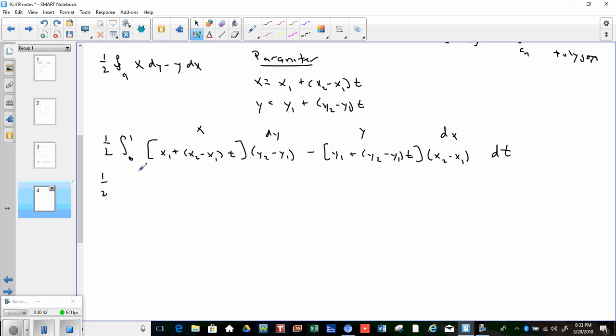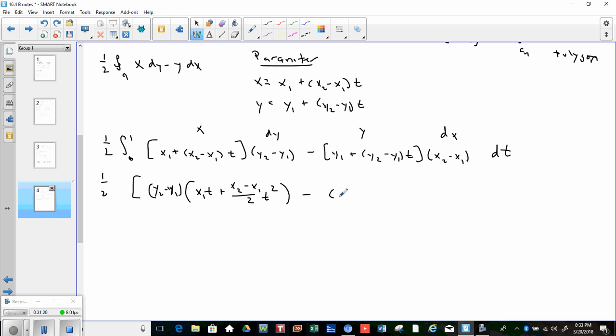So 1/2, oops, 1/2. So this is going to be y2 minus y1. Okay, it's just a constant. And then this piece right here, the antiderivative of x1, is going to be x1t plus, now this is a constant times t, so remember, raise the exponent, it's t squared, then divide by the new exponent, which is 2. So I'm going to get x2 minus x1 over 2 t squared. Okay, and we'll do the same thing over here.